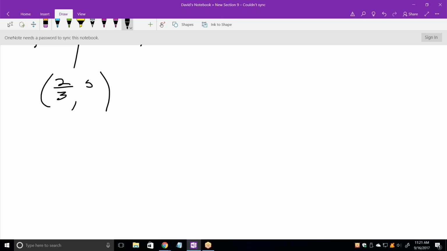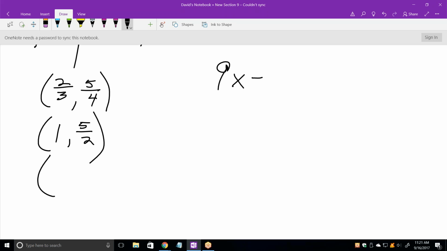Okay, and there was a second point? Yeah, it's (1, 5/2). Okay, and what's the question? What's the function? And there's one more solution there. It's 9x minus 8y equals negative 11.